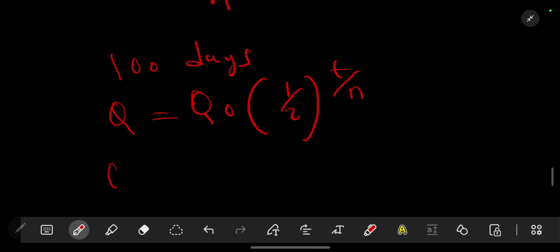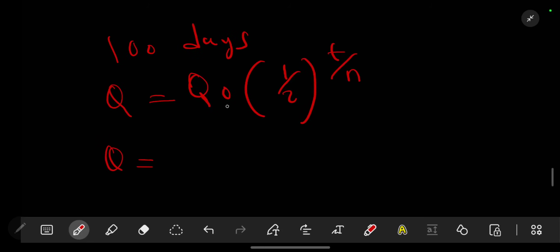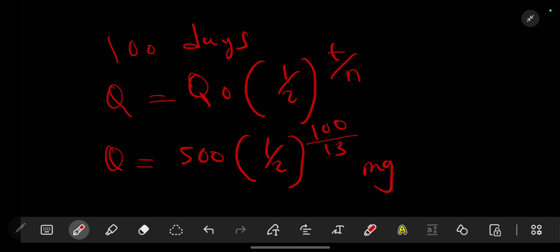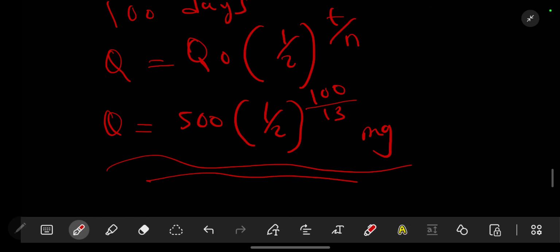So this gives us Q should be equal to, what is our Q0? Our Q0 is equivalent to 500 times 1 over 2 to the power of 100 over 13, like that. So milligrams. We can end here since we don't have the calculator. So that is where we can end. You cannot do anything here.